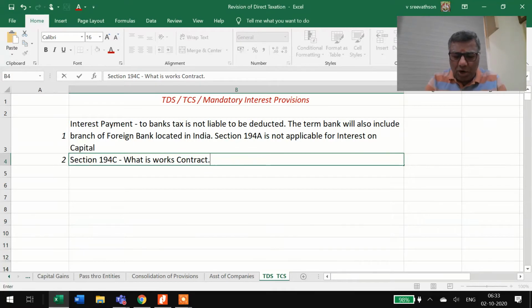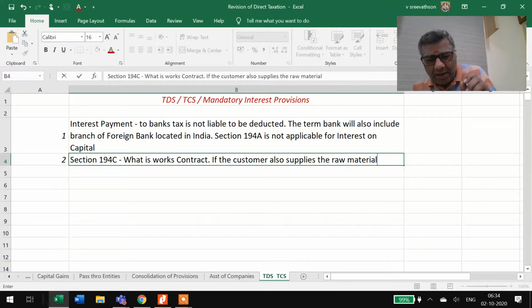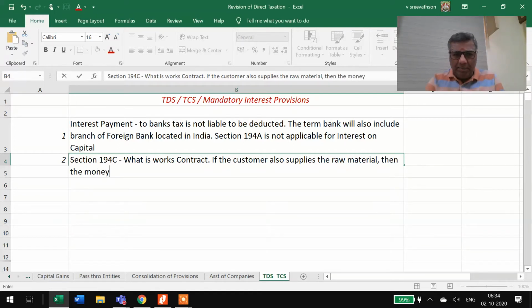If the customer supplies the raw material, then the money paid is for job work, and section 194C is applicable.